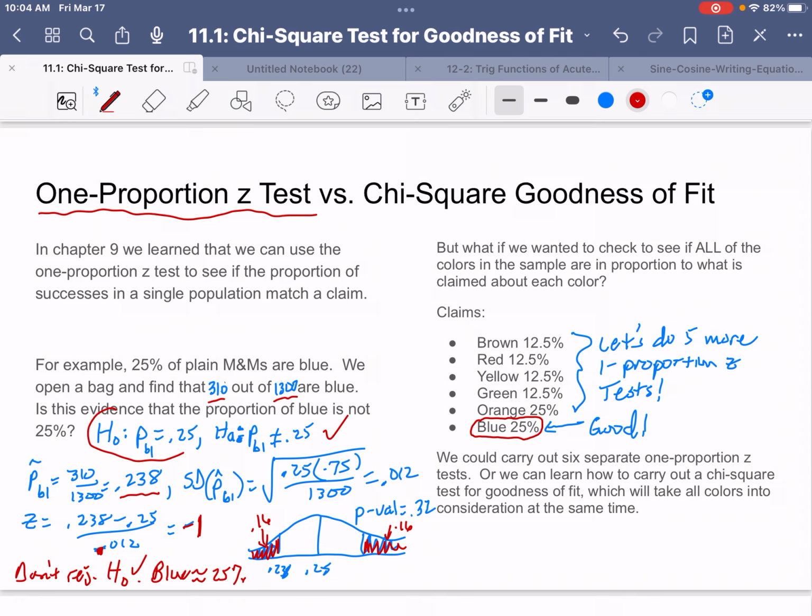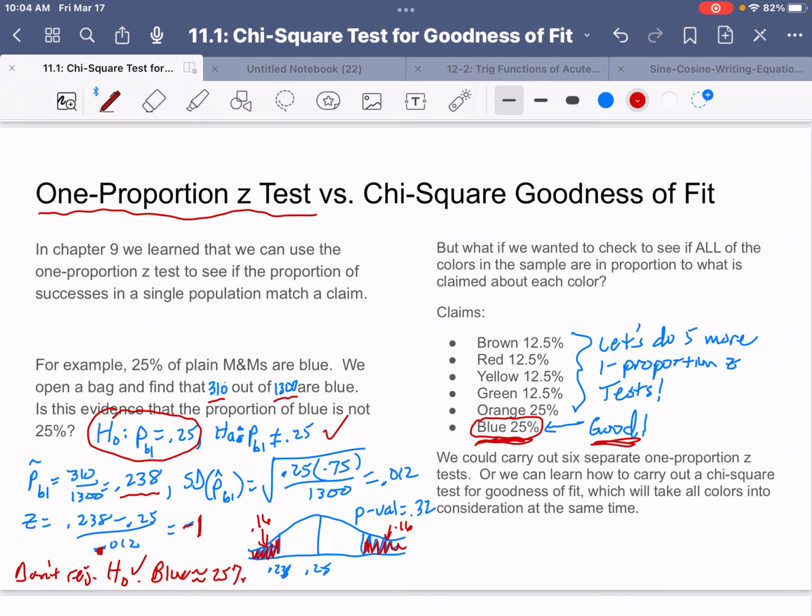Well, if I don't reject the null, that means there's no evidence that the percentage of blue is not 25%. In other words, it seems as though the percentage of blue is good to go. It seems like it is roughly 25%.